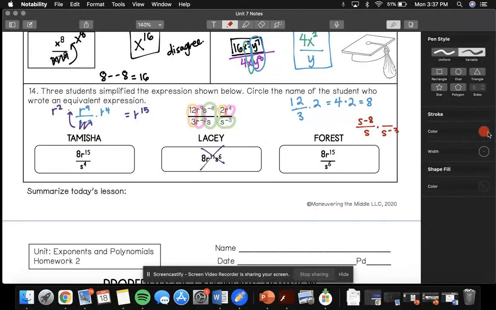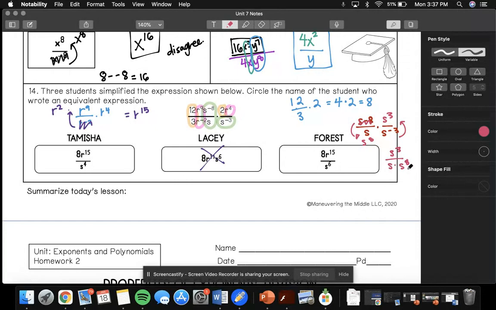Again, I'm going to move everything I can. So I'm going to move this one down and make it s to the 8. And then I'm going to move this one up and make it s to the 3. Again, if it's kind of hard to see, just rewrite it. So we have s to the 3 in the numerator. And then we have this little lonely s and s to the 8th.